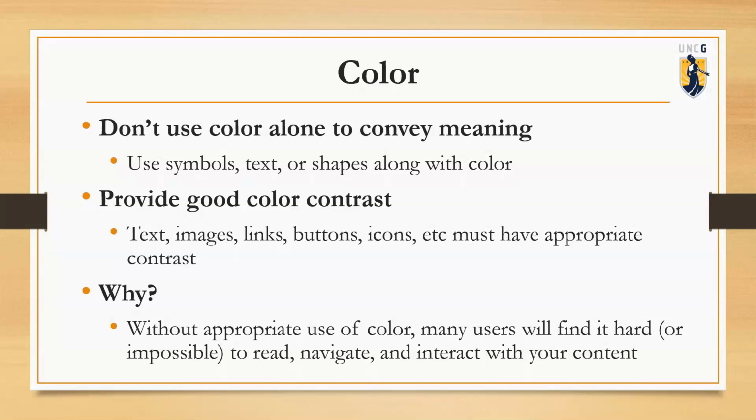You want your foreground to have a light color. For a lot of people, whether they have a disability or not, using appropriate color can make it difficult to read and navigate and also interact with your content. But for some people, it actually will be impossible to access that content.